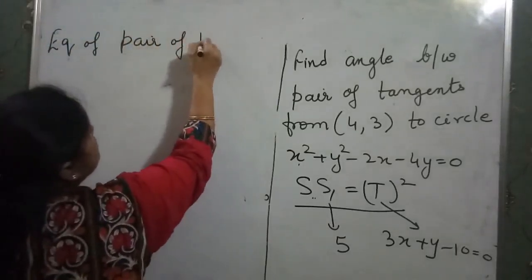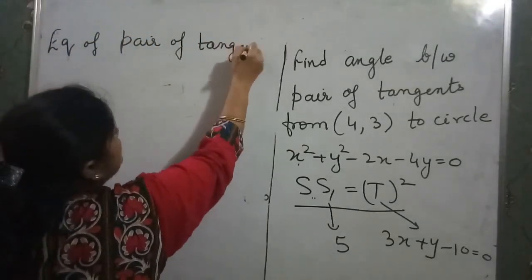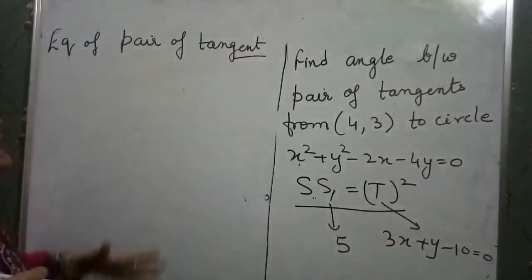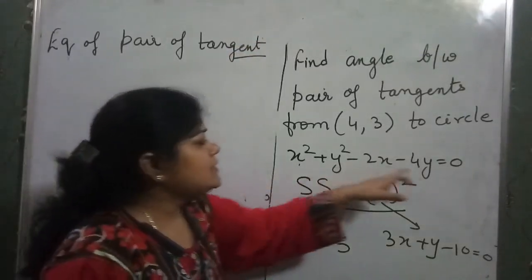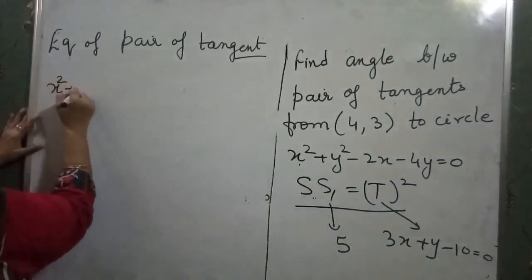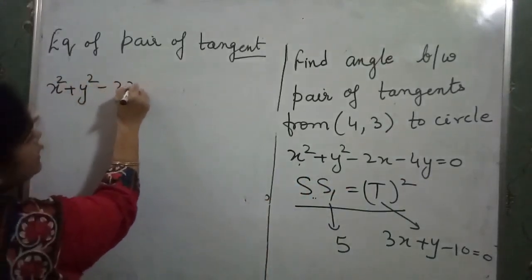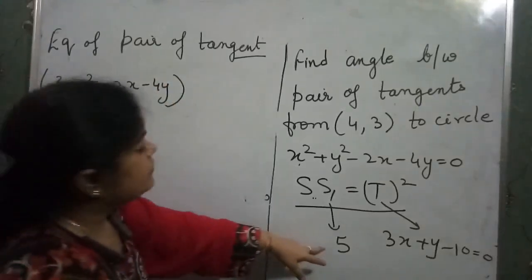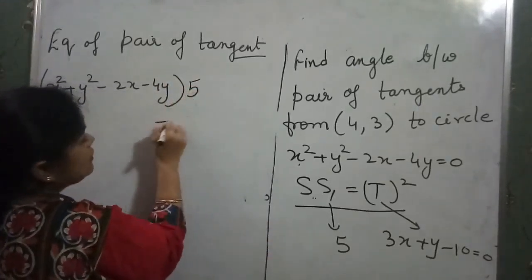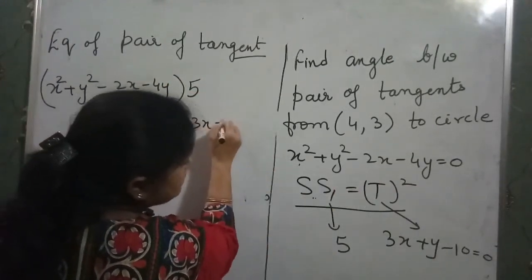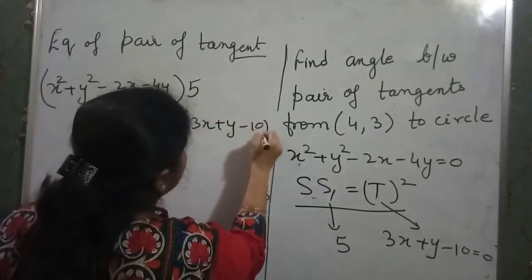Because in order to find the angle between the tangents, you will have to find the equation of the pair of tangents. So what is S? S is the whole equation. So I write it over here: x square plus y square minus 2x minus 4y, multiplied with S1, that is 5, is equal to the square of the tangent, that is (3x plus y minus 10) whole square.